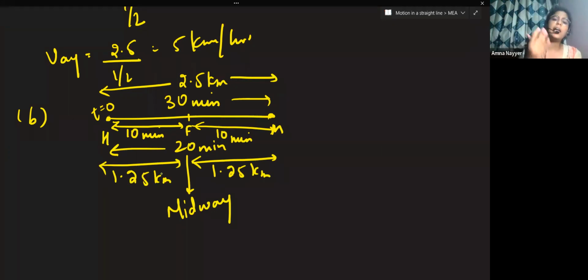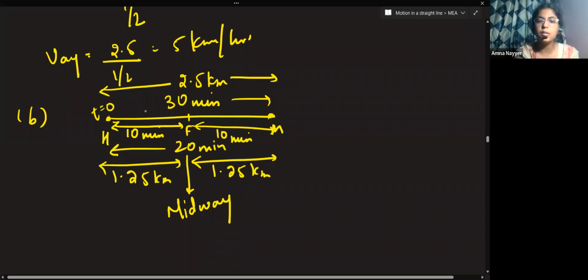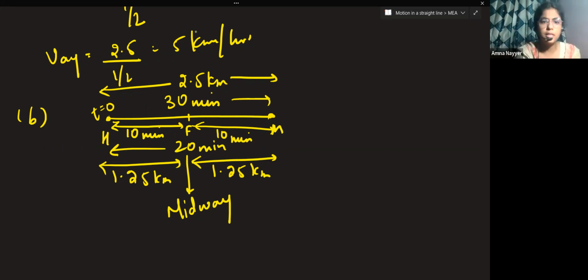So on calculation of average velocity, you just require 1.25 kilometers. On calculation of average speed, you require the whole distance, meaning 2.5 plus 1.25. That I think Aram has answered. It is 3.75 total distance, and total displacement becomes 1.25, and total time remains the same.